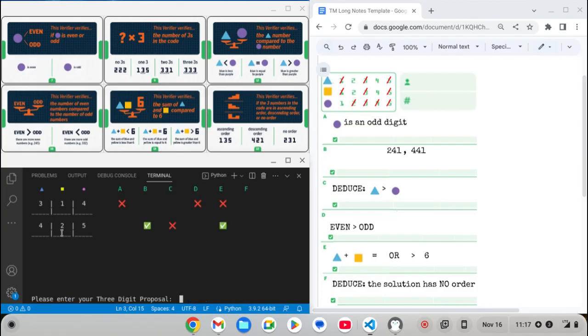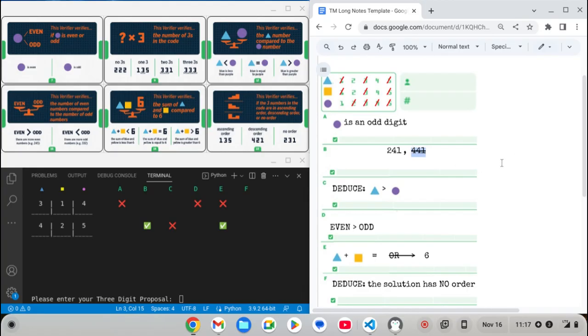Okay, so yes, it is true that the sum should be 6. So let's go ahead and cross out in our notes here the greater than. And yeah, so the sum should be 6. So let's cross out this possibility.